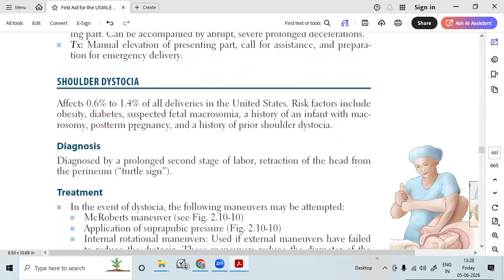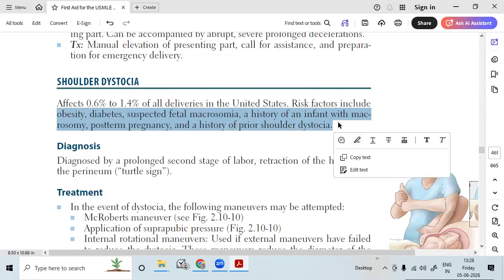Shoulder dystocia. Now, this is rare. It occurs in around 0.6 to 1.4% of deliveries in the United States. Risk factors include obesity, diabetes, suspected fetal macrosomia, a history of an infant with macrosomia, post-term pregnancy, and a history of prior shoulder dystocia.